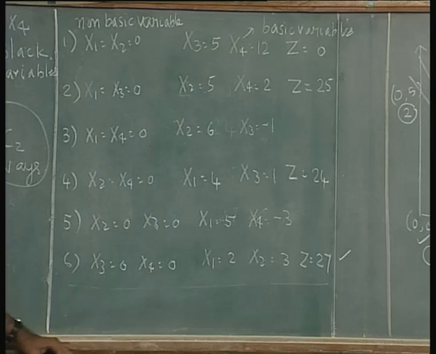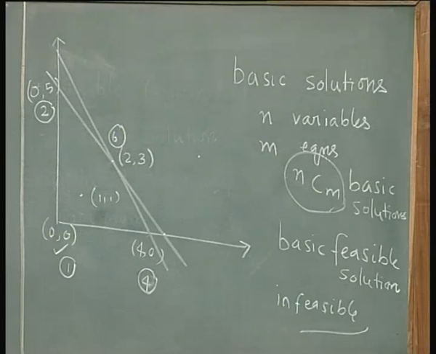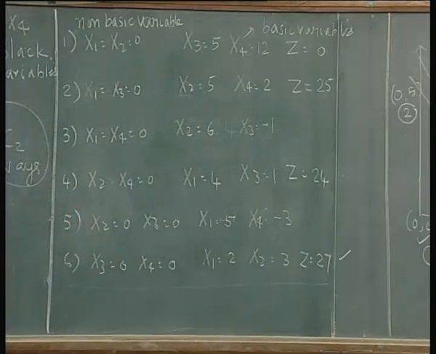So, what are the disadvantages? One, it evaluates a large number of solutions. Two, out of this large number, some of them could be infeasible, so we do not want to evaluate the infeasible ones in the algebraic method.